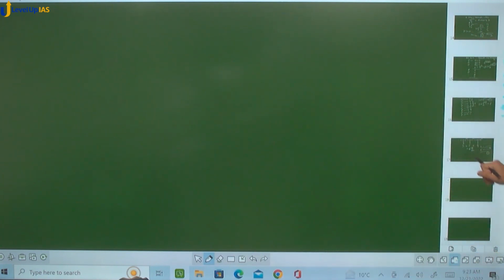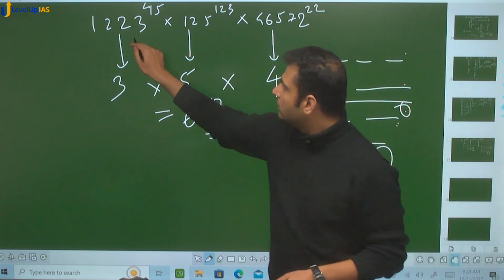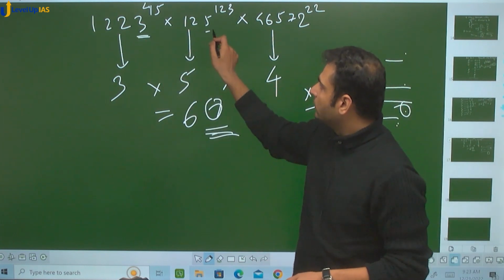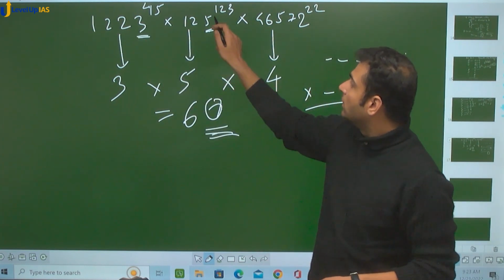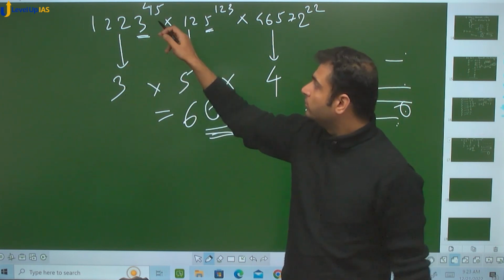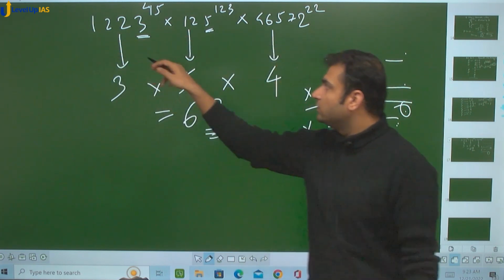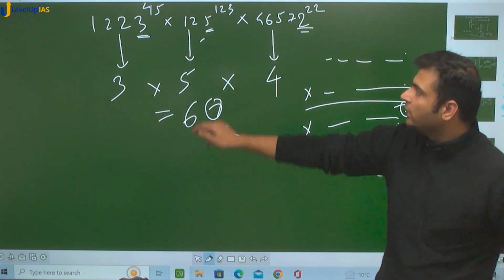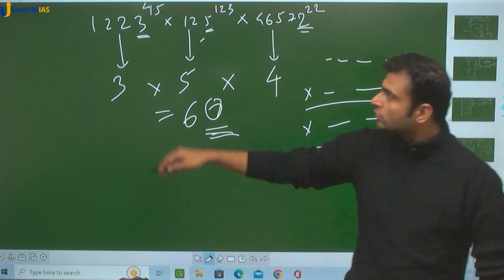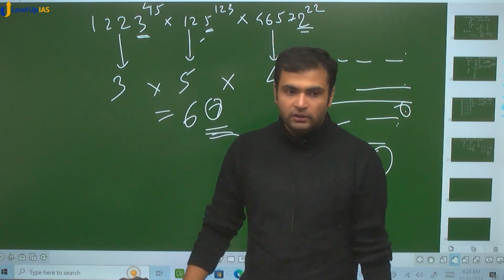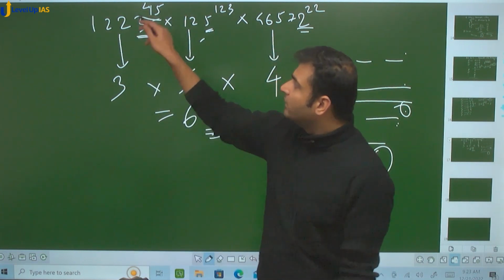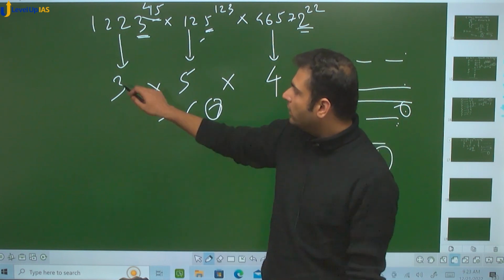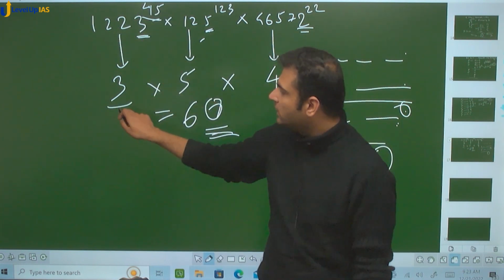Okay, let me repeat the last question. See, these are things we studied already. When the base is ending with 3, or ending with 5, or ending with 2, we calculate the units place independently. Here the base has 3 at the end, and the remainder of the power when we divide by 4 is 1, so the units place of this number is 3.